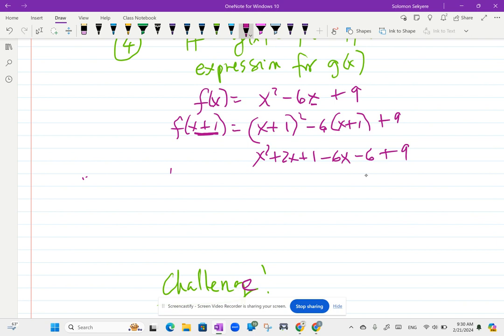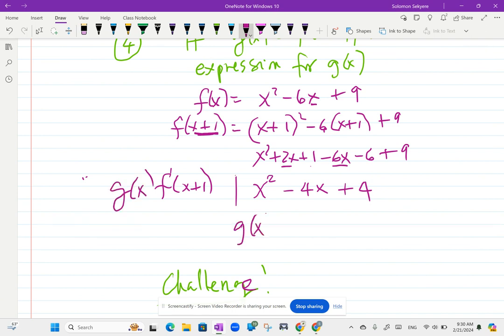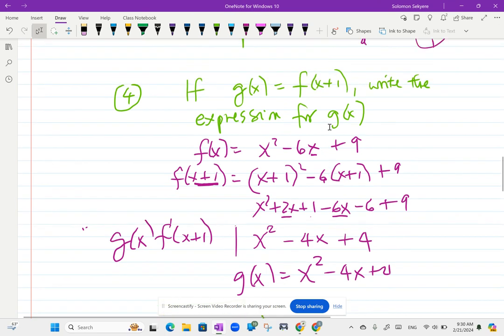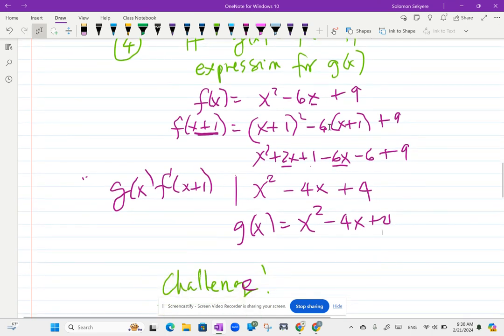Combine like terms: x squared, and 2x minus 6x is minus 4x, and then 1 minus 6 is negative 5, plus 9 is positive 4. This is your f of x plus 1, so this becomes your g of x. Your g of x is x squared minus 4x plus 4. So be careful how you do that. You've got it?